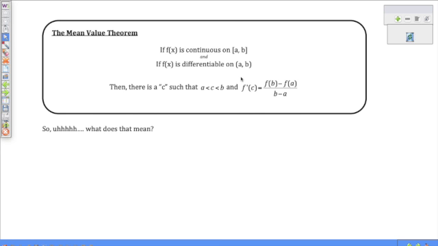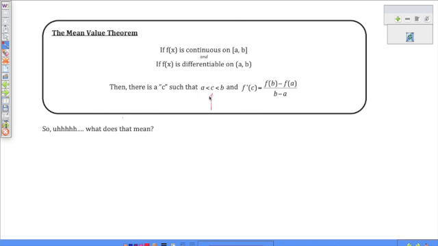So what does this mean? Let's break it down into some easier words to understand. First of all, the function has to be continuous and it has to be differentiable. That's easy enough to understand. So the only way the mean value theorem is valid is if those two things are true. If those two things are true, then there is some sort of value on the interval. Remember, the interval starts at a and ends at b.